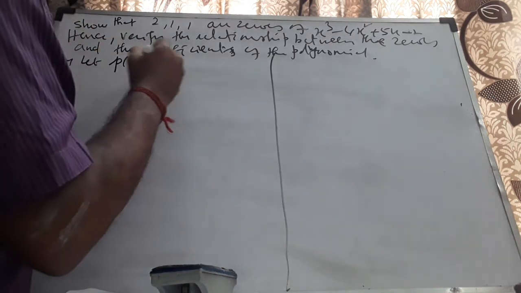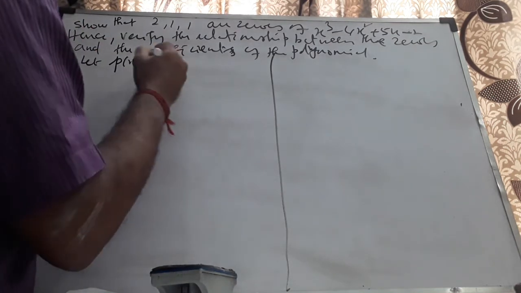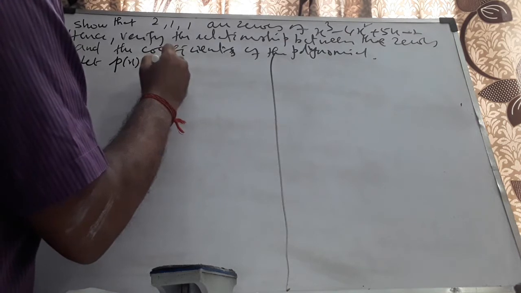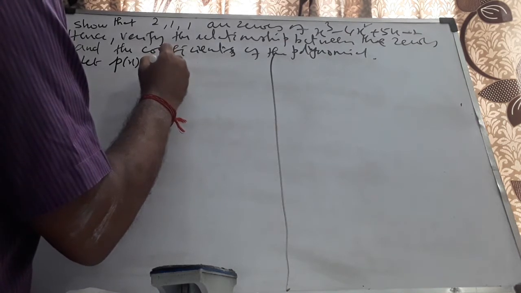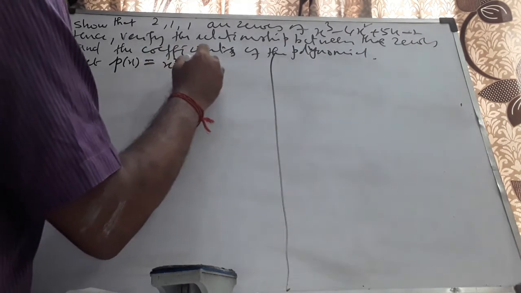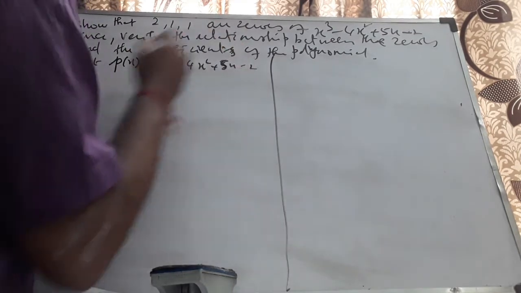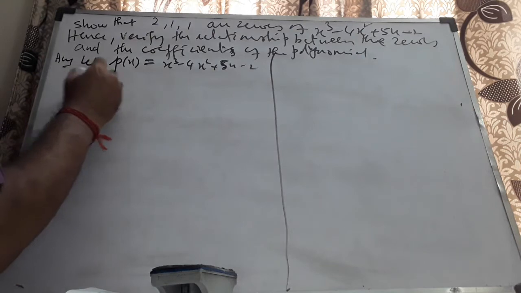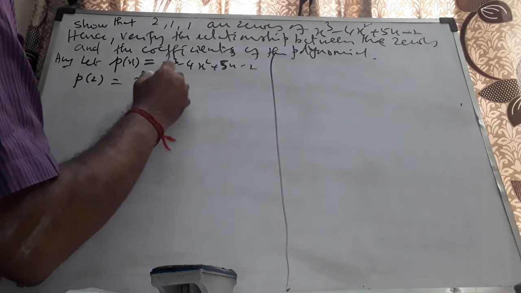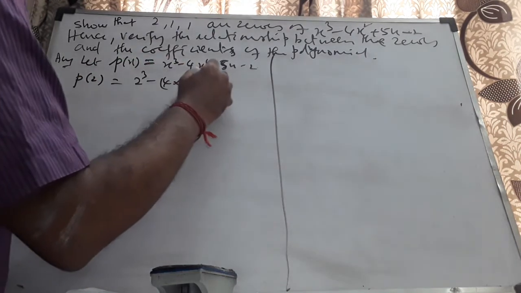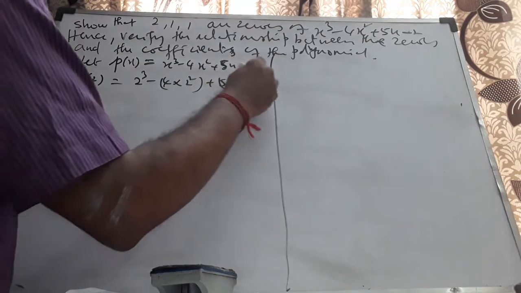Now listen carefully. x cube minus 4x square plus 5x minus 2. Now p of 2 here will be 2 cube minus 4 into 2 square plus 5 into 2 minus 2.